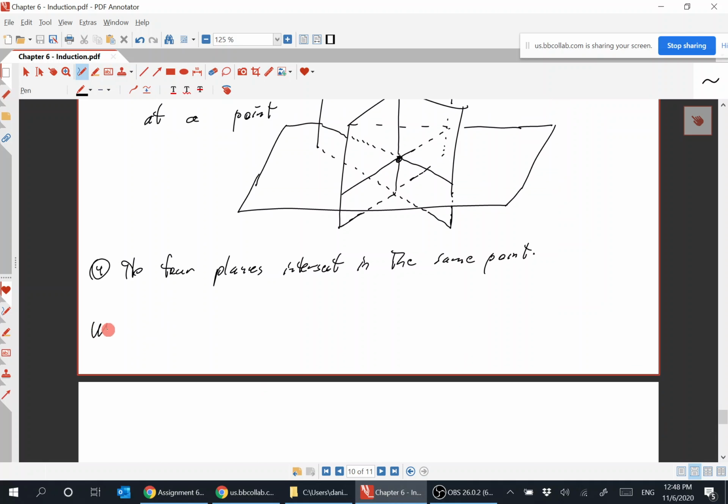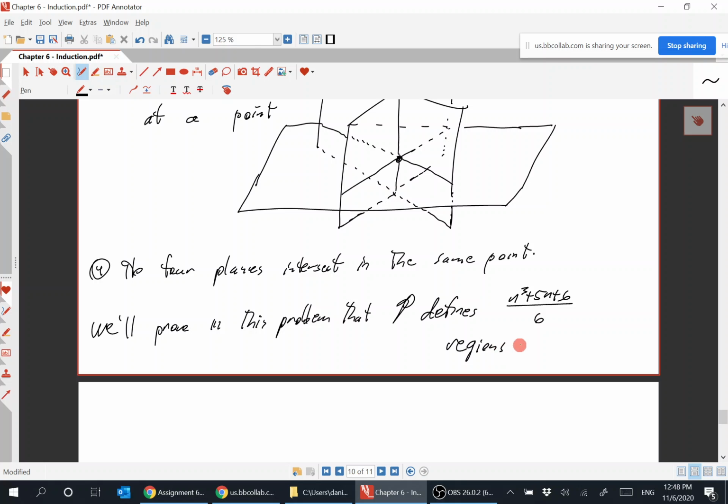So we'll prove that P defines n to the third plus 5n plus 6 over 6 regions in 3D space.